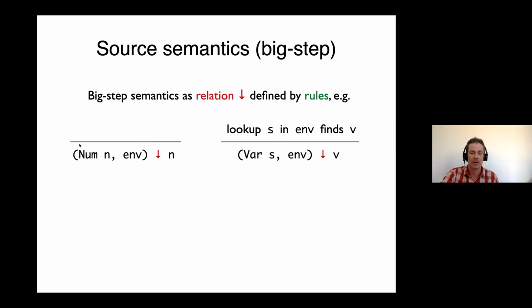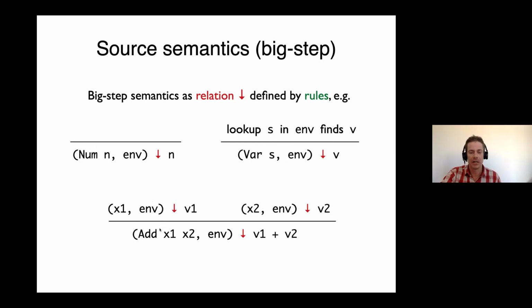A constant number evaluates, regardless of the environment, directly to that value without any premises. And then add recursively evaluates each part, x1 and x2, and they become v1 and v2, and the result is v1 plus v2. This is pretty much the simplest operational semantics one can have.